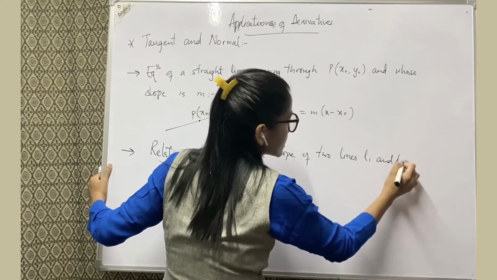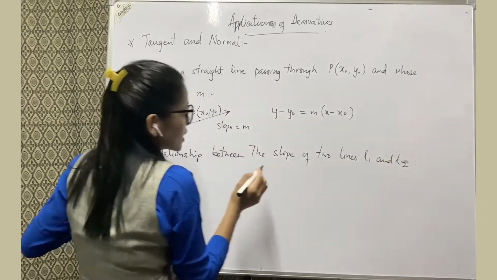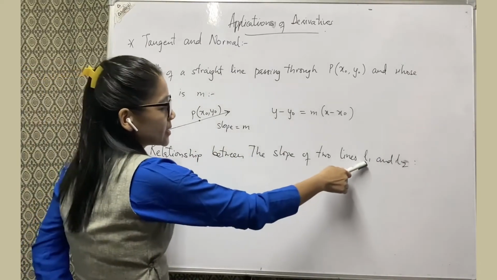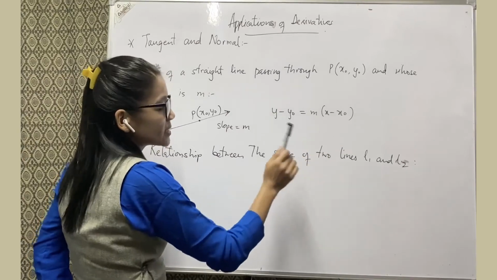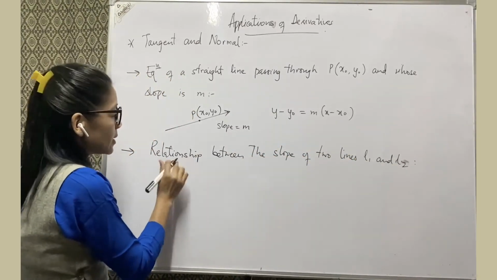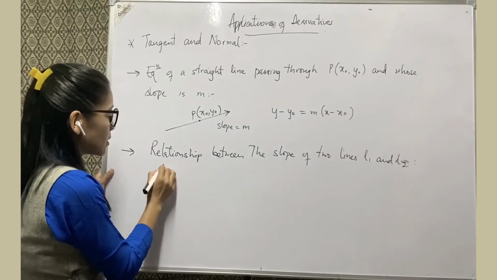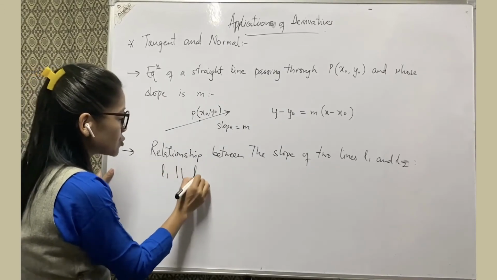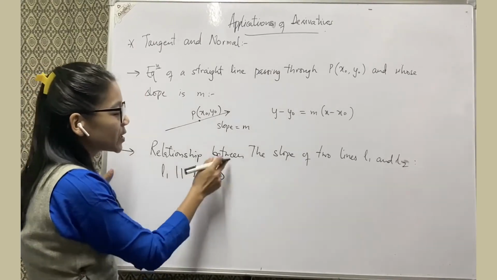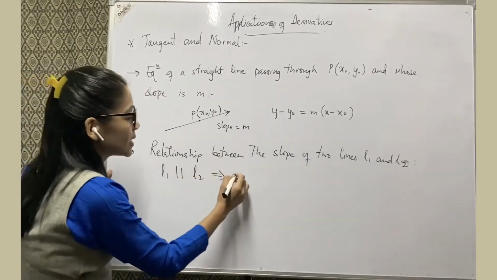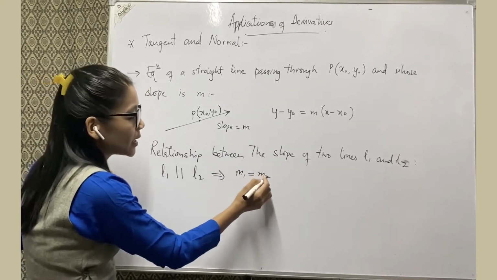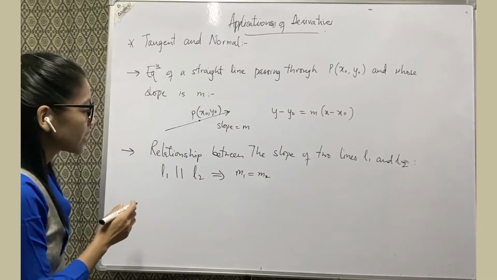Now if you have two lines L1 and L2, and say slope of L1 is m1 and slope of L2 is m2, then when the two lines are parallel, that is if L1 is parallel to L2, the relationship between their slopes is that the slopes are equal. Now you know this, right?